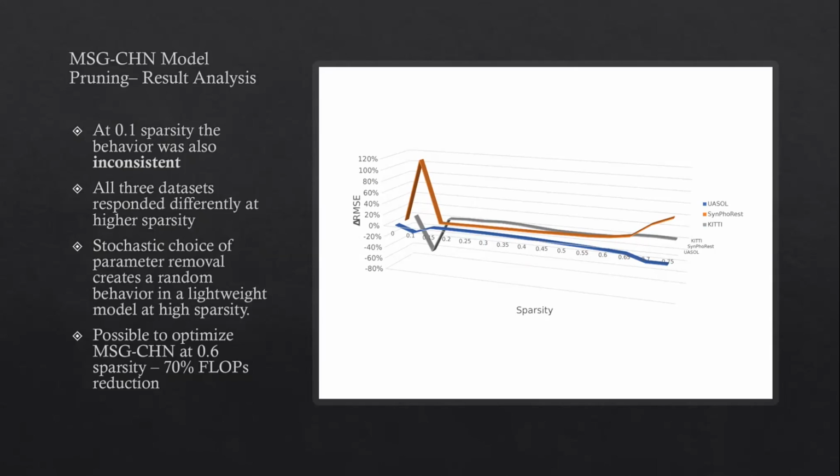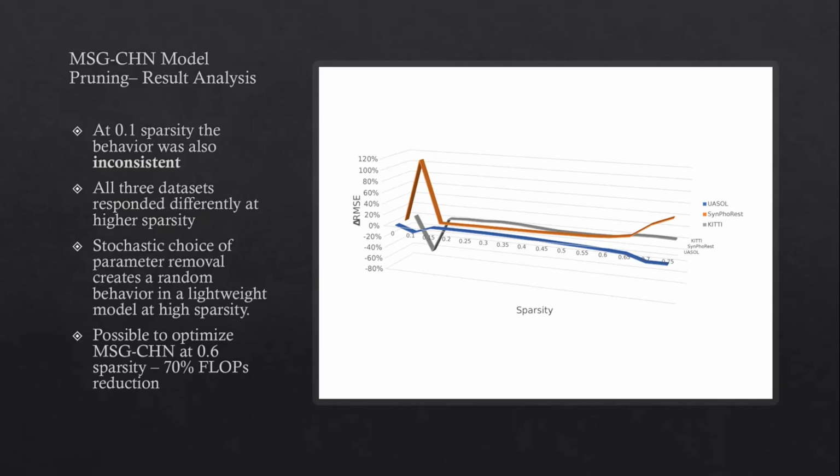KITTI stays almost the same, while USO improves at 75%. Unfortunately, for the synthetic, you can see that the error increases marginally from 65 to 75%, by 3 times. So it is still possible to optimize MSG by 60%, although it's not 70% as with ENet, as expected, since it's already a much lighter weight neural network.